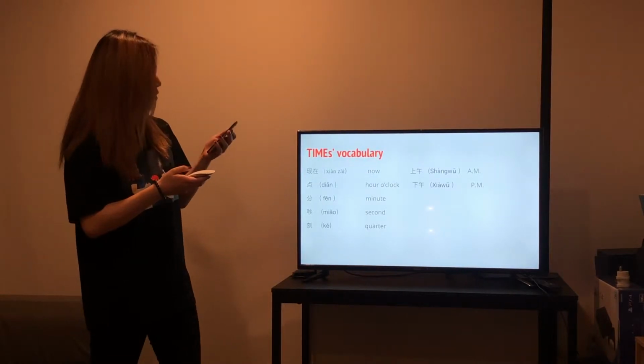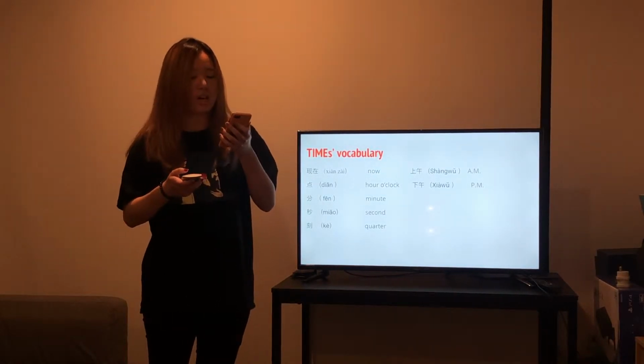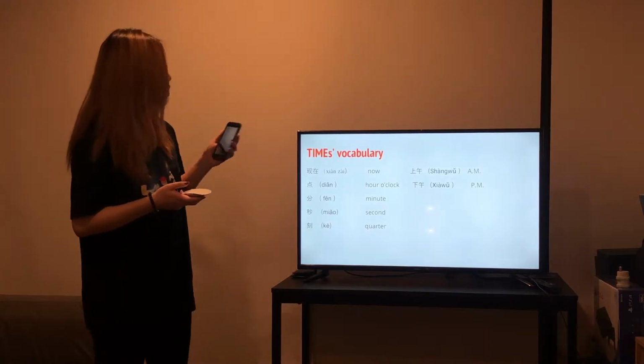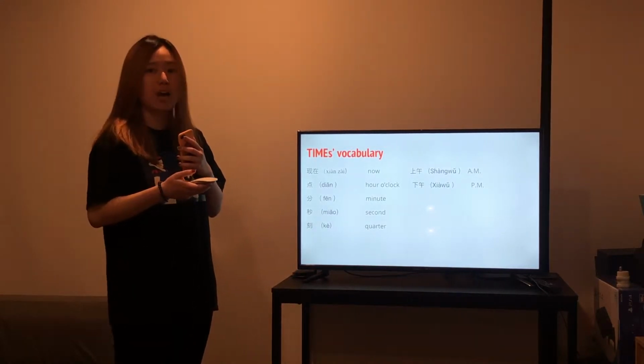Now, before we learn how to ask and tell the time in Chinese, we will learn about the vocabulary about the time.